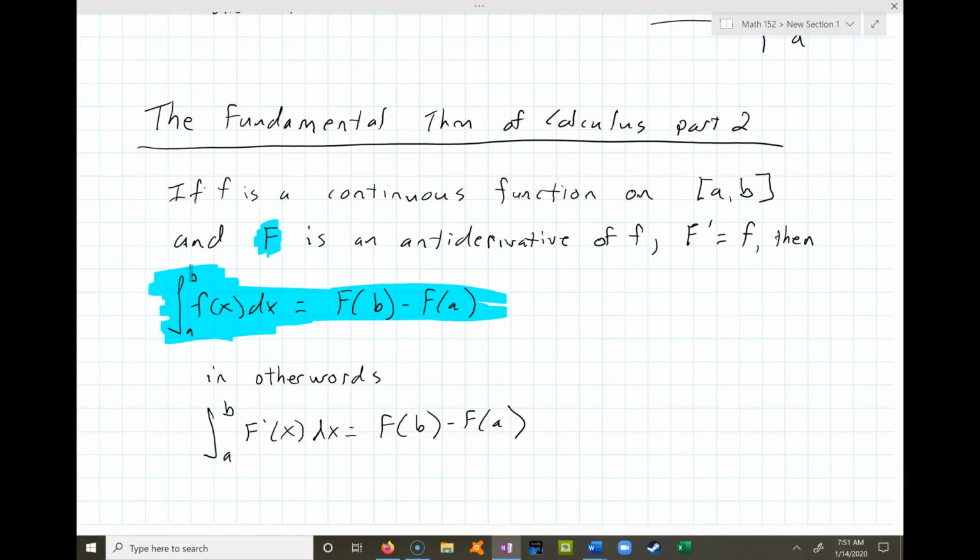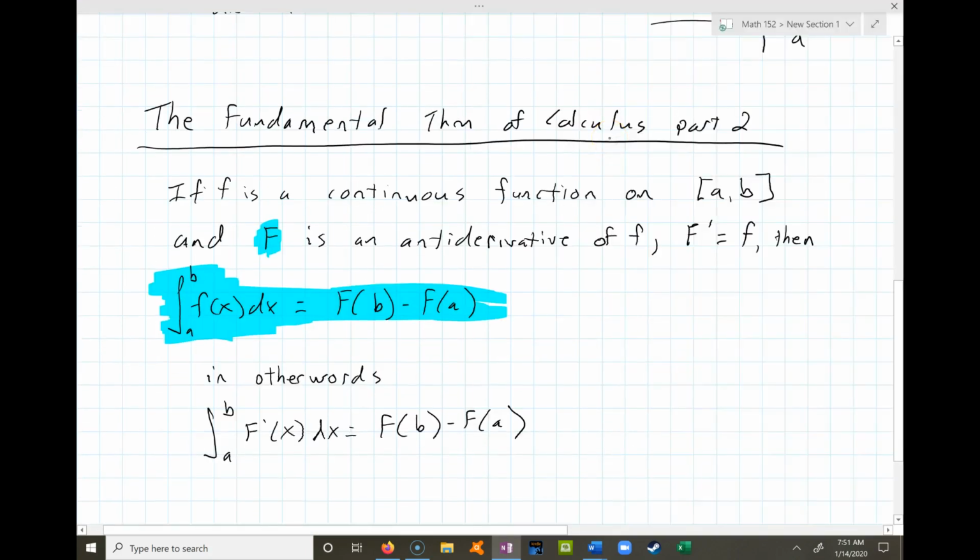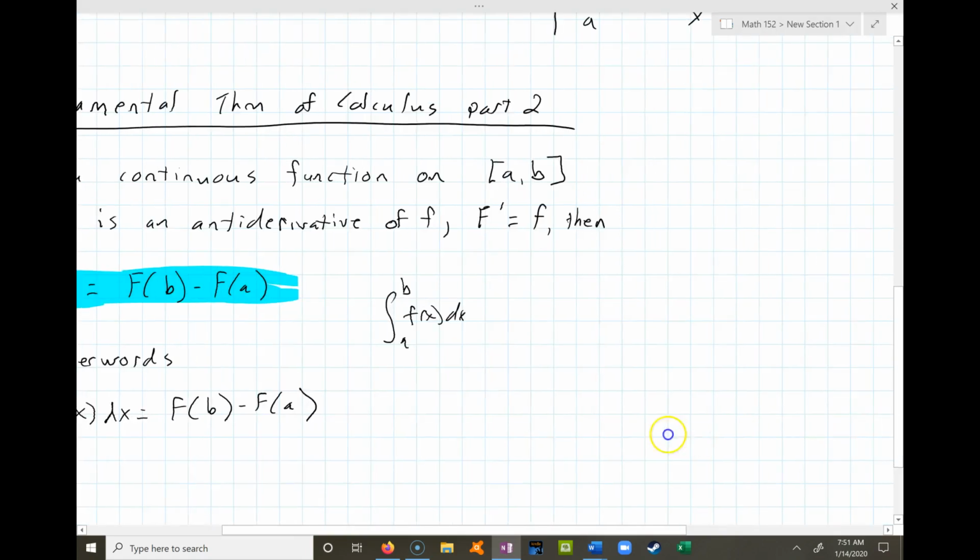Now we know that we can approximate that, because this is the same as the limit process. We could take the integral from a to b of f of x dx, and break it into a bunch of rectangles.